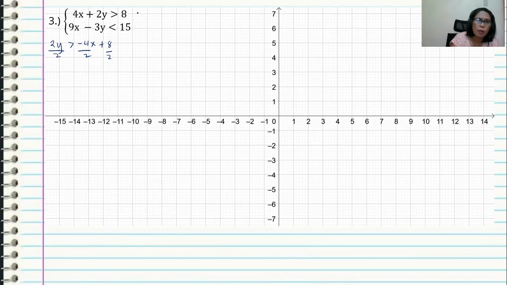So we now have y is greater than negative 2x plus 4. For this, we have negative 3y is less than negative 9x plus 15. So we will divide both sides by negative 3. So the inequality will be reversed. So we have y is greater than 3x plus 5.